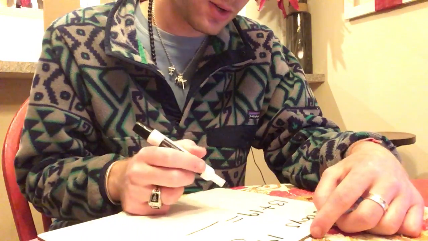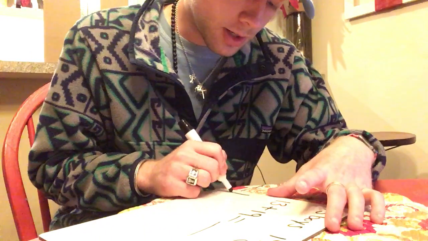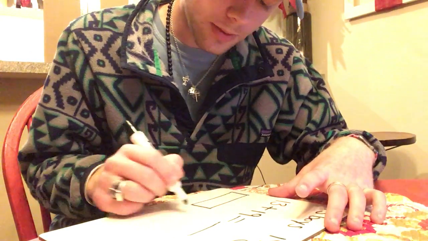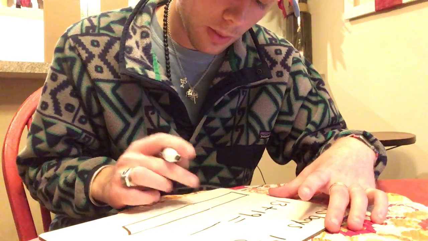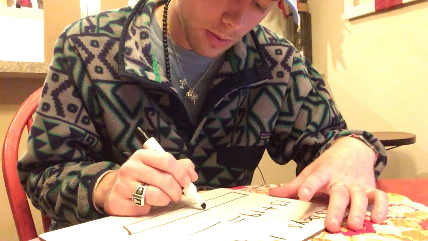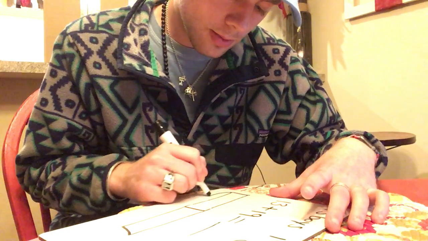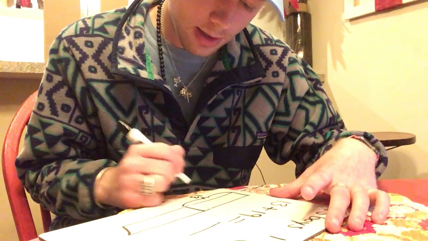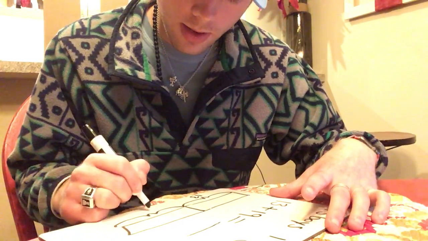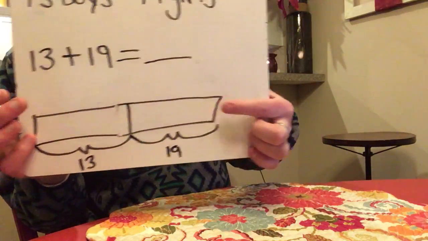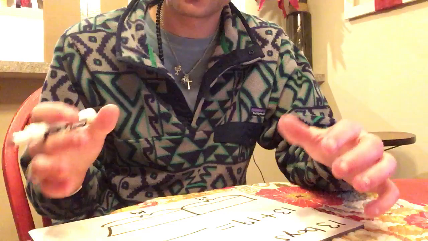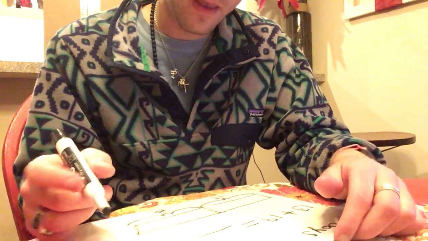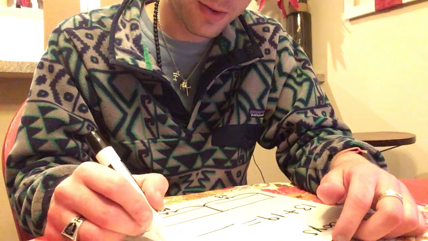I kind of want to do it the same way as we did the last problem. So this is going to be representative of our 13 and then our 19. So we've joined these two parts together. So we're just going to go ahead and add those.